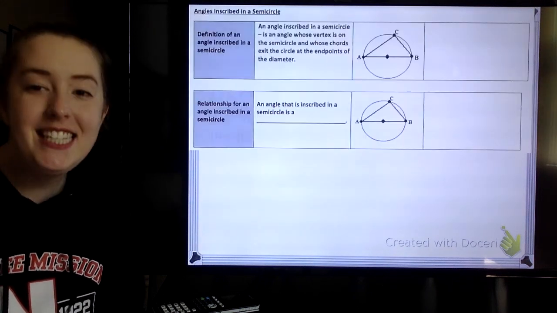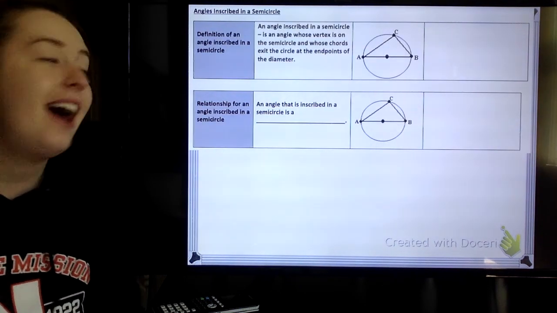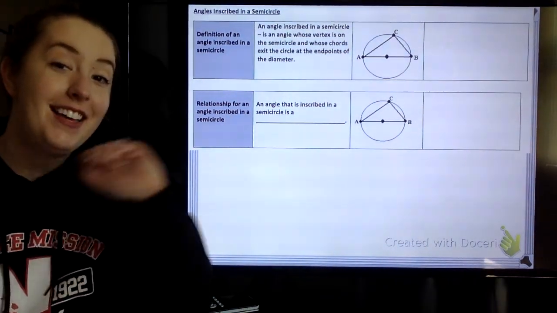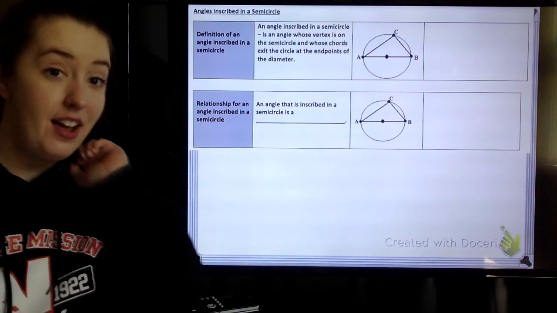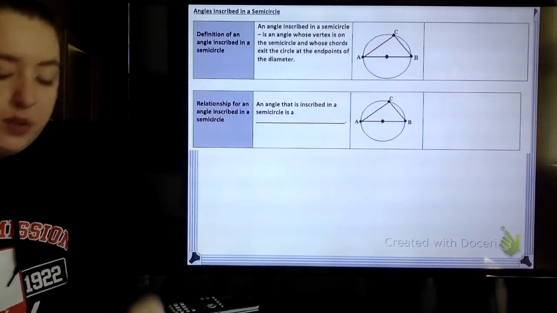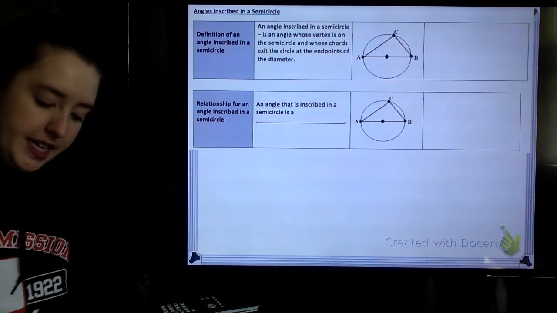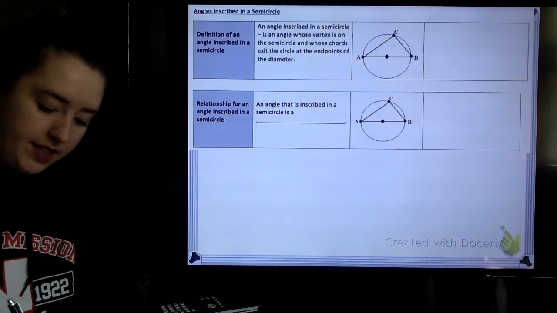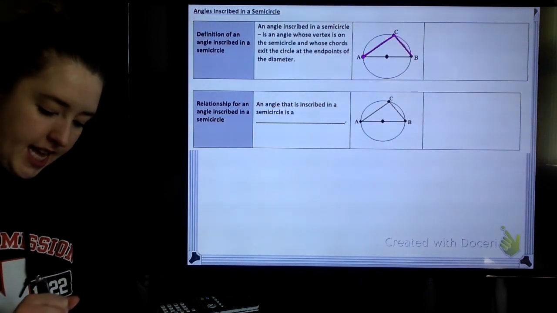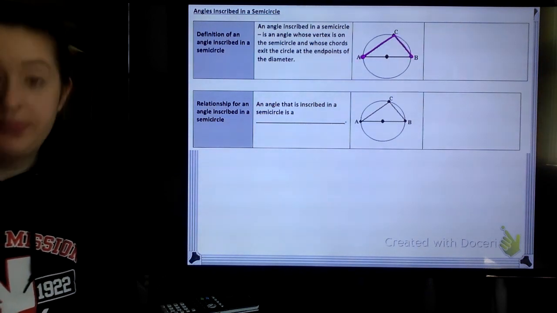So let's say that we have an angle that is inscribed inside of a semicircle, which basically means I have this angle right here, and the sides of the angle go out to the ends of the diameter.